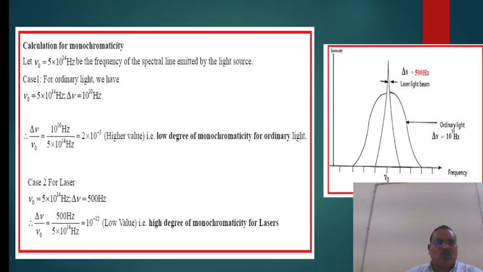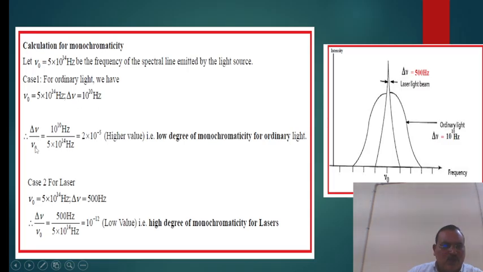Okay, so if I want to calculate the monochromaticity, then what do I have to do? We are given that nu naught is 5 × 10^14 hertz, the frequency of the spectral line emitted by the light source. For ordinary light we have nu naught equal to 5 × 10^14 hertz, and del nu, the spread frequency, is 10^10 hertz.